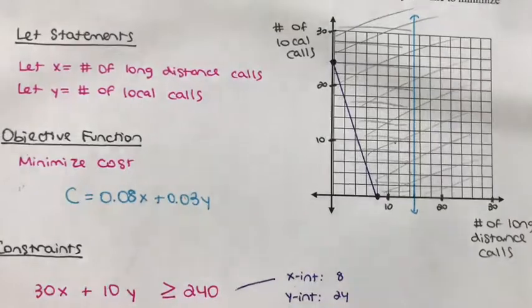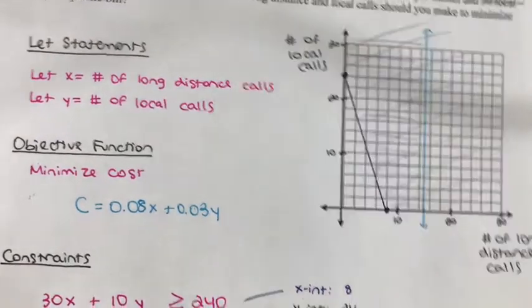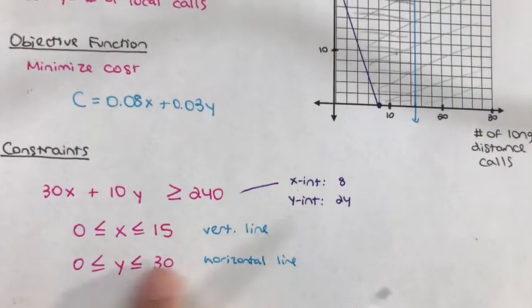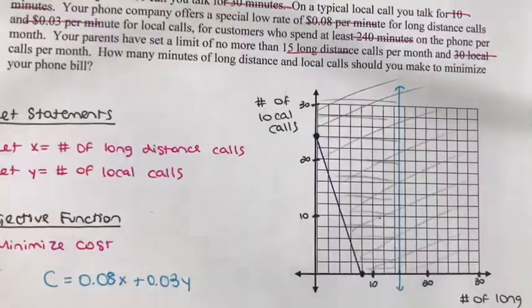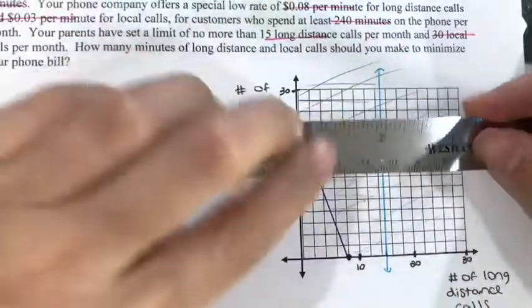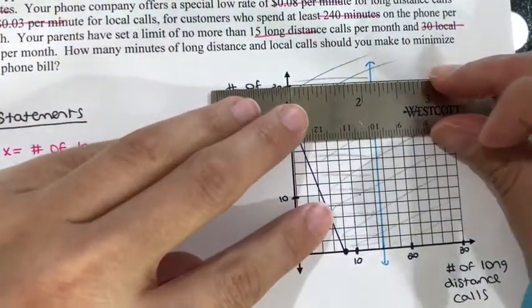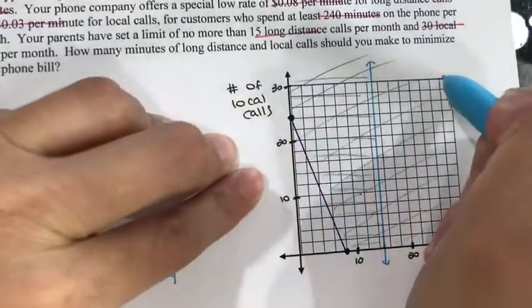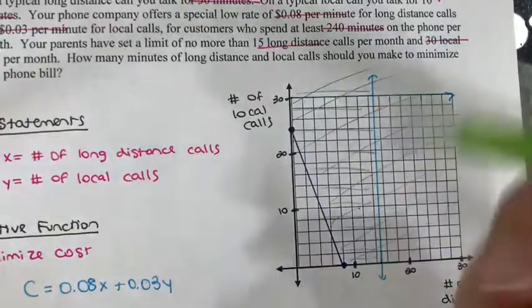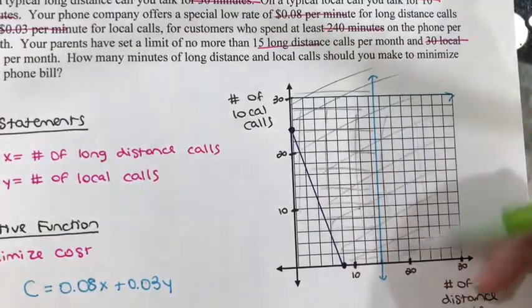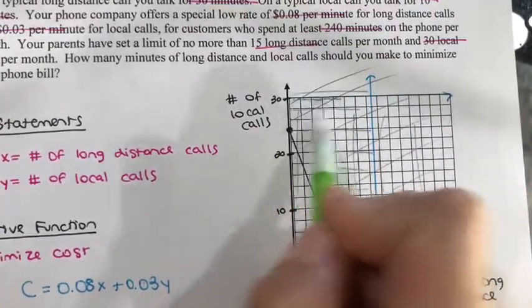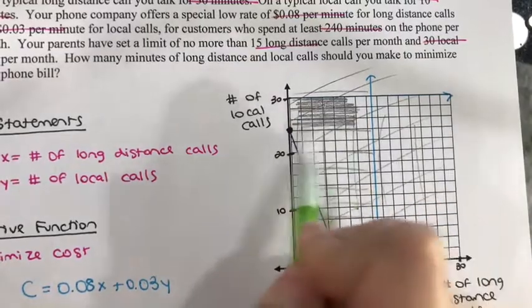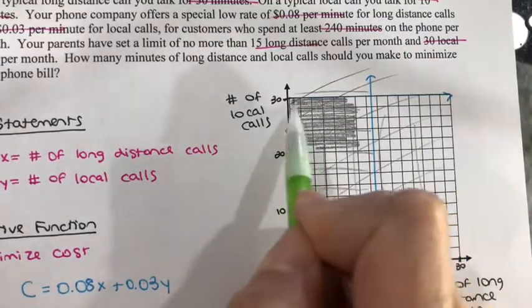Something like this. And our next one is a horizontal line at 30. So I'm going to draw a horizontal line at 30. And we know that we have to be less, so I'm going to shade below. So you'll notice that our shaded region is this shape over here.